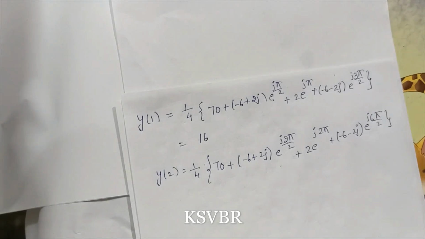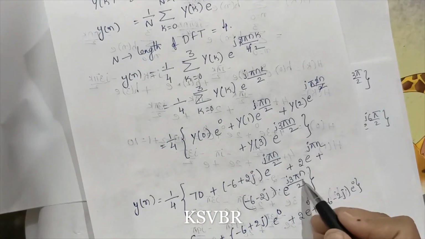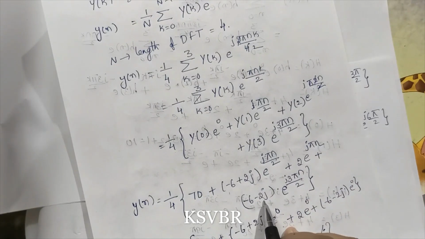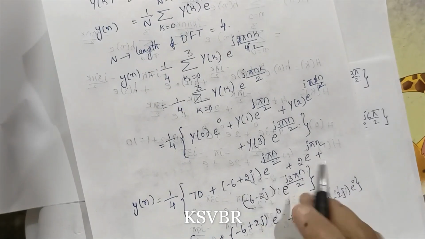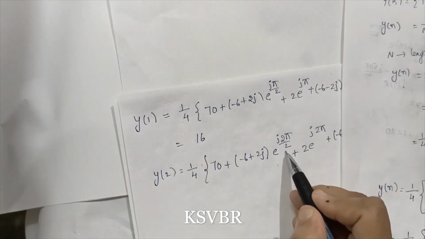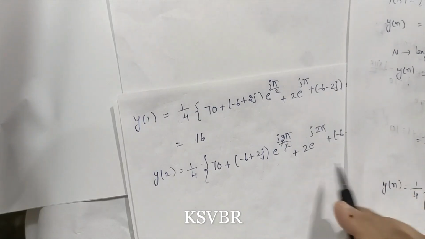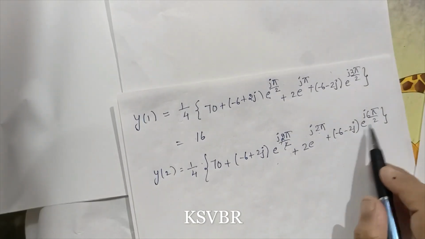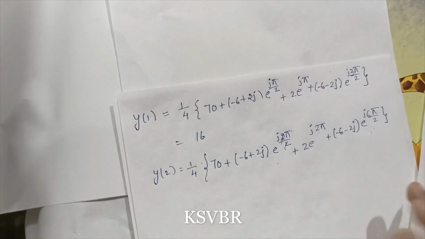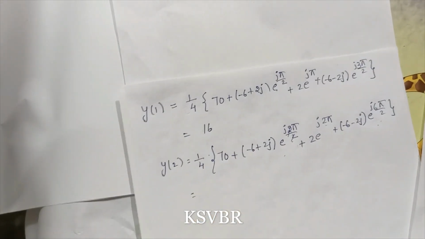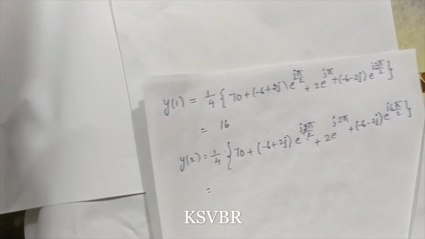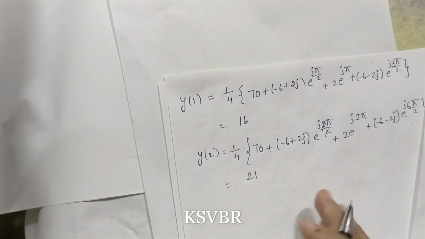Where this 6π/2 came from: if you take this y(n) expression and substitute 2 in this term, it will come as 2π/2, that means the 2 will get cancelled, and this is 2π. 3π/2 into 2, so 6π/2 will come. So same, substitute and do it in your calculator. The value will come as 21.